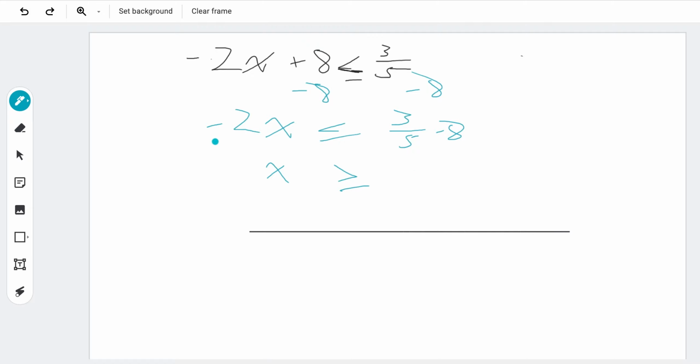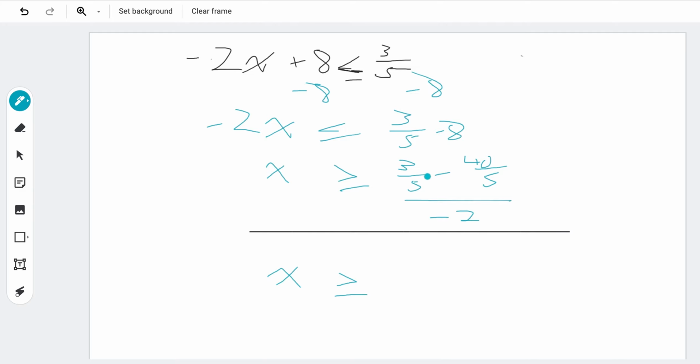Then we need to divide this all by negative 2, which is 3 over 5 minus 40 over 5. 8 is the same as 40 over 5. We do this so we can take away these fractions here. Divide by negative 2. The next step is just to simplify the right hand side. Since we already have x on the left hand side, we don't need to do anything about it. x is perfectly fine there, and what we need to do is simplify the right hand side.